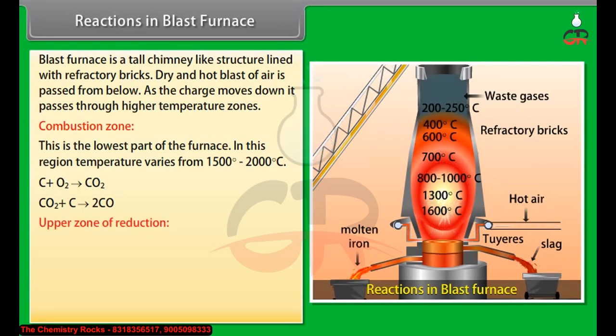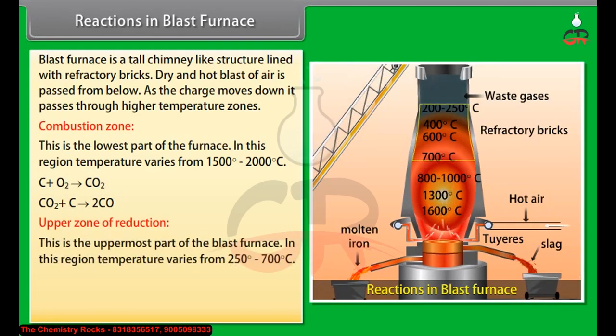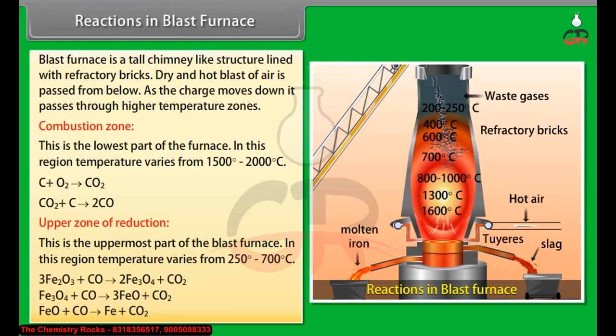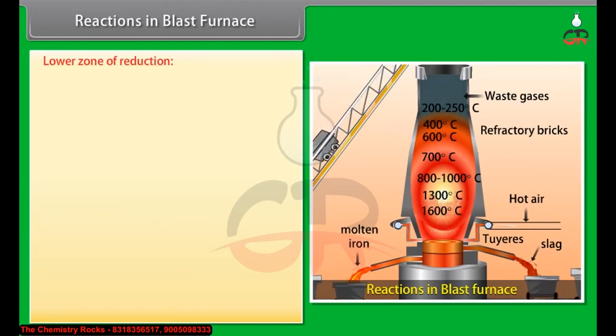Upper zone of reduction. This is the uppermost part of the blast furnace. In this region, temperature varies from 250 degrees to 700 degrees Celsius. Here, carbon monoxide reduces oxides of iron into spongy iron. Lower zone of reduction.